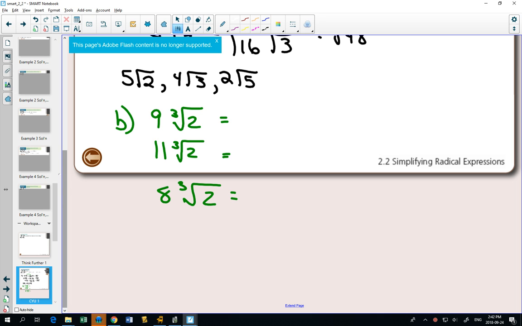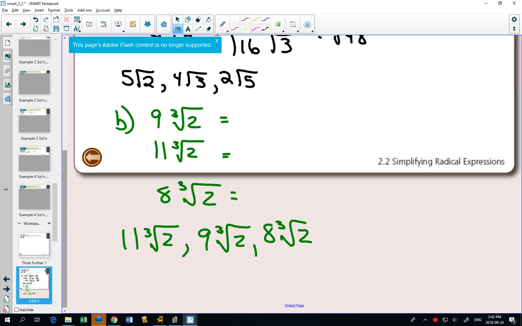Before we can compare these, well, actually, I think right now you could compare them quite easily from greatest to least. Which one's going to be the biggest? 11 cube root of 2. Then 9 cube root of 2. And finally 8 cube root of 2. These ones we can compare because they're all the same cube root. So I'm not going to do any more with this one, actually.